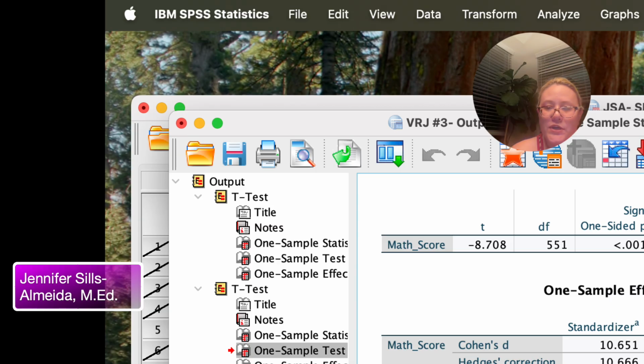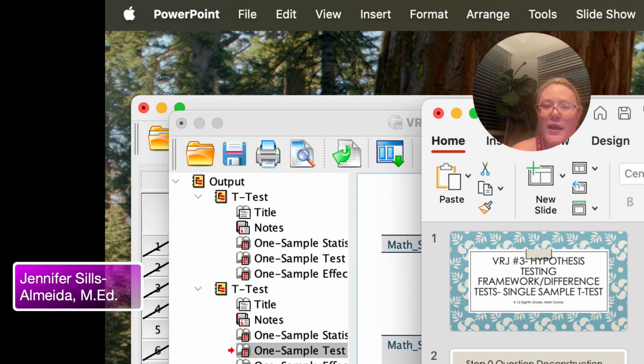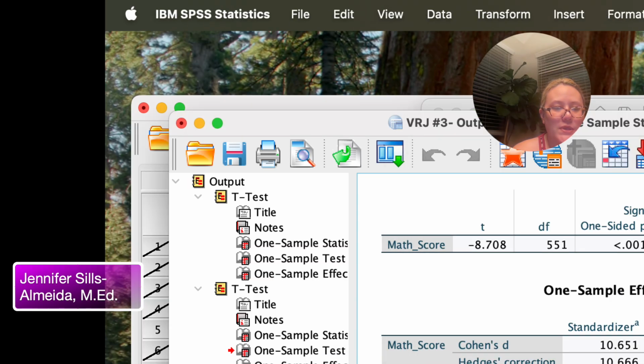When we talked about alpha earlier, I'm going to go back over here if I can show it to you real quick. Okay, so alpha will be set at 0.05. So when we're looking at this, is alpha set at 0.05? Is it different? Well, we have it at 0.001, right?